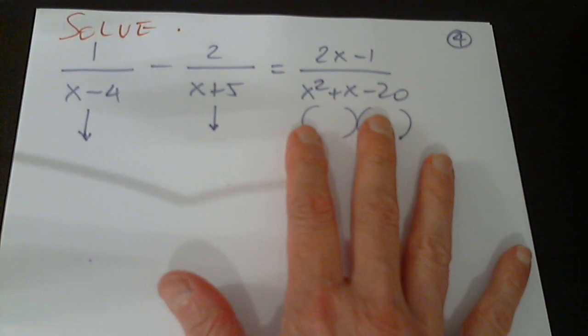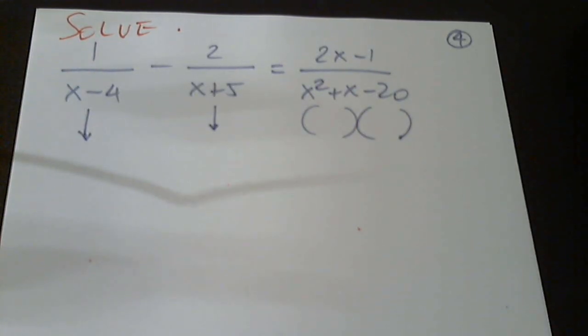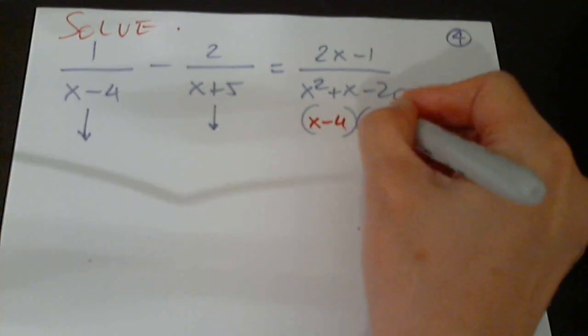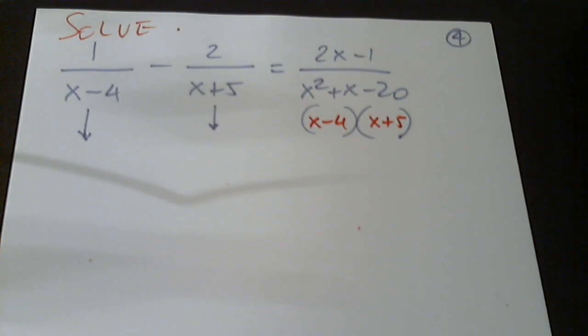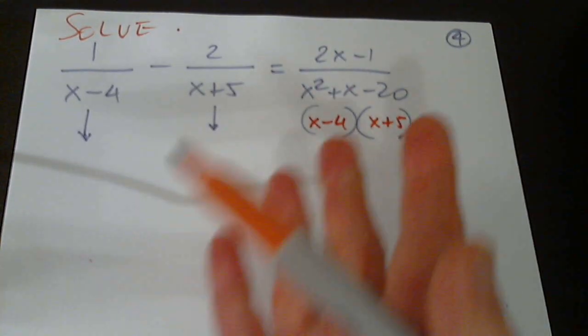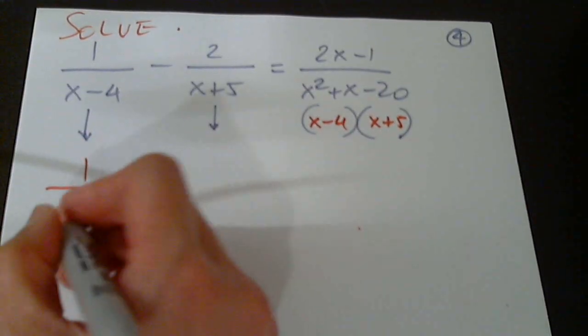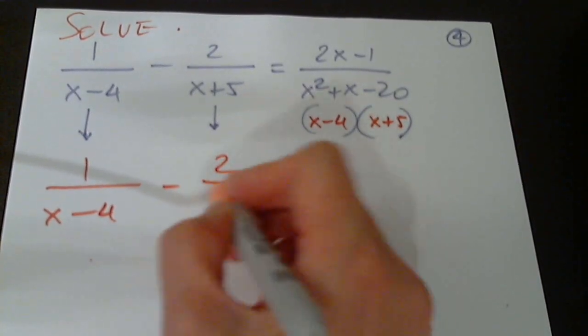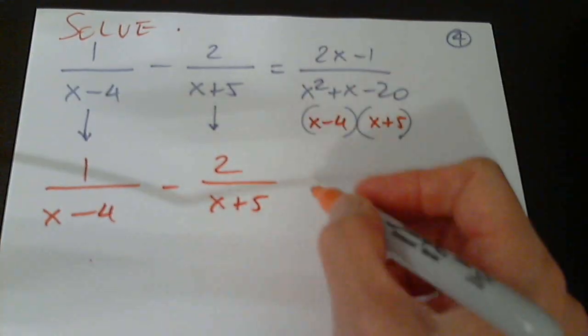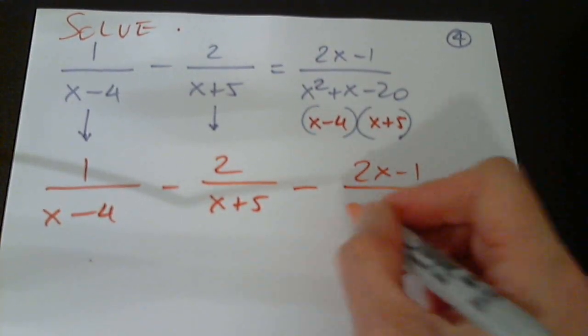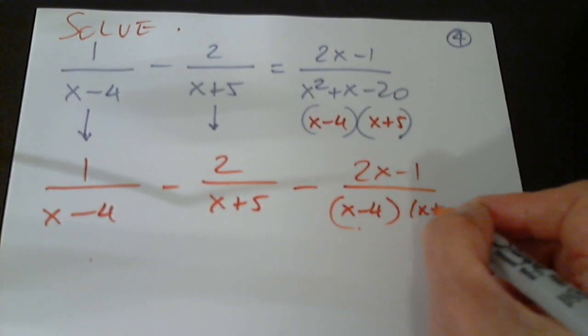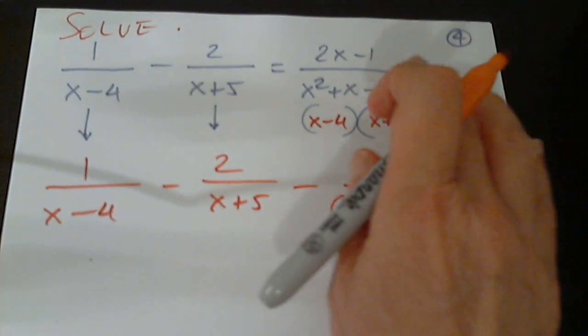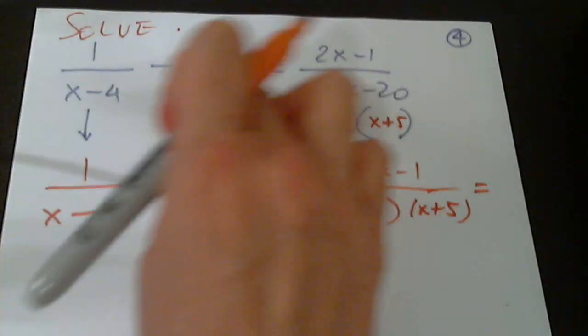Can anyone quickly factor this for us? We did this 2 weeks ago. x minus 4 and x plus 5. Brilliant. I will move this fraction to the other side. It's positive, now it's negative. What is left on the other side once I move this fraction to the left?